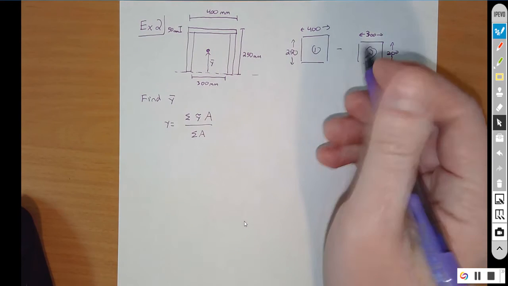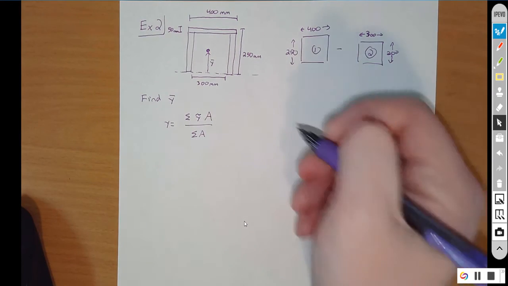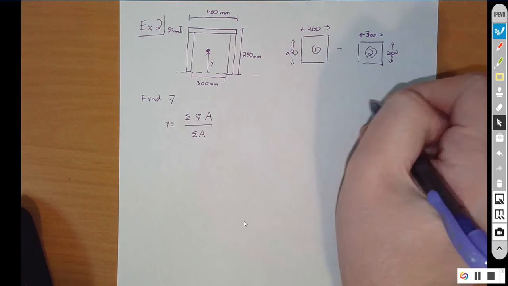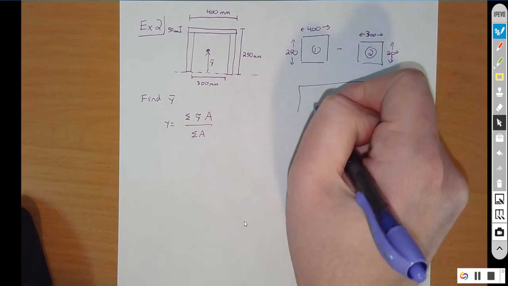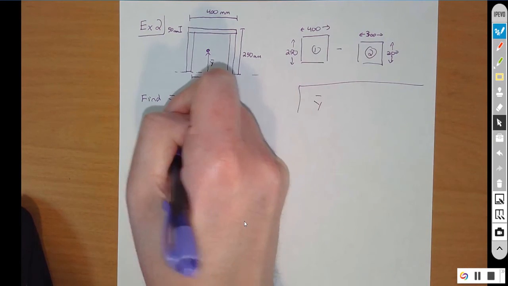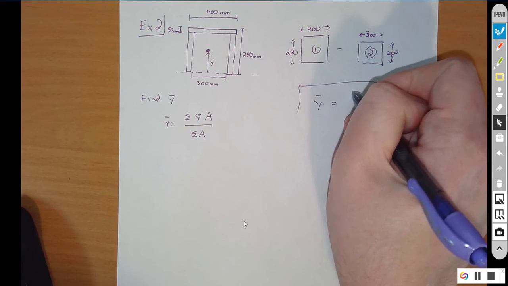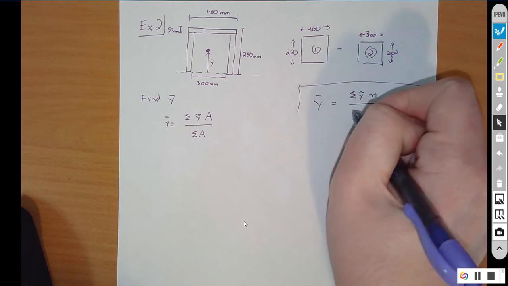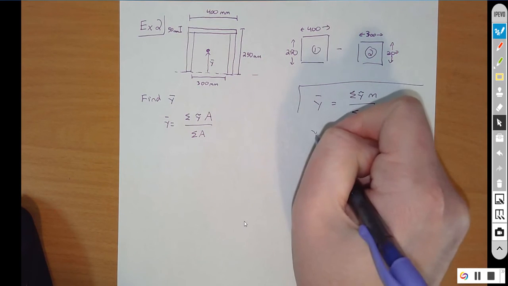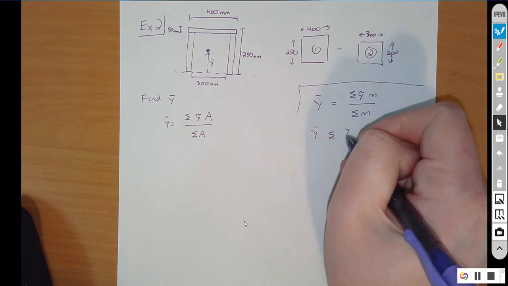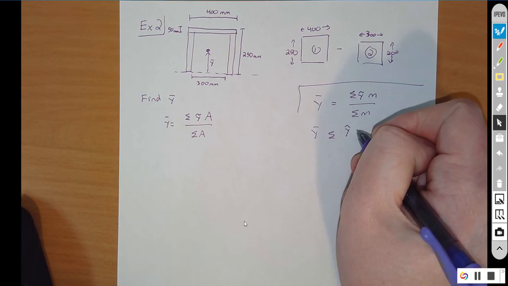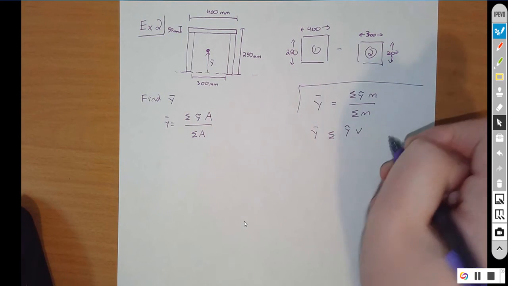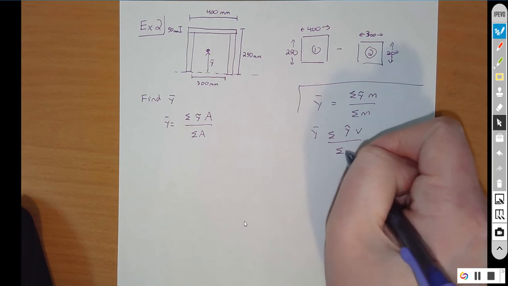Now, if this was a mass or a volume problem, we could also use, just so you have these equations, y bar equal to the sum of y tilde times mass over total mass, or the sum of y tilde times volume over the sum of the volume.